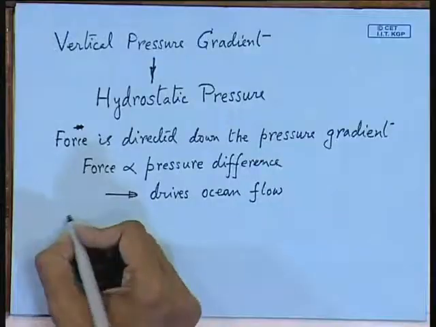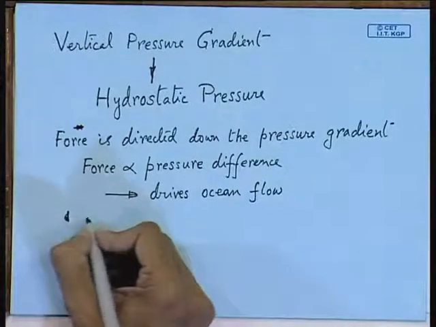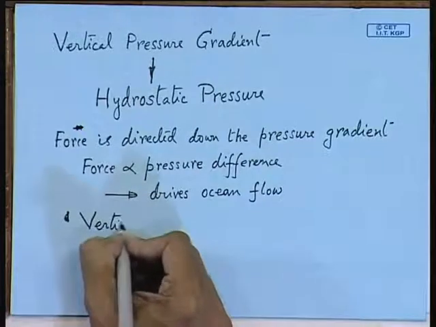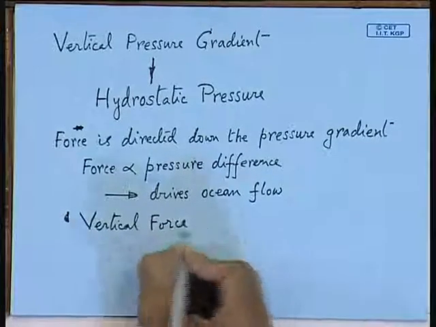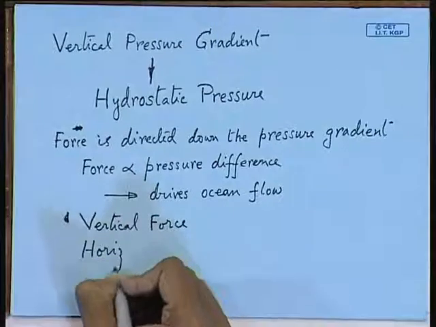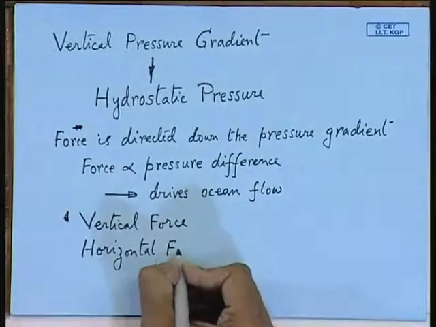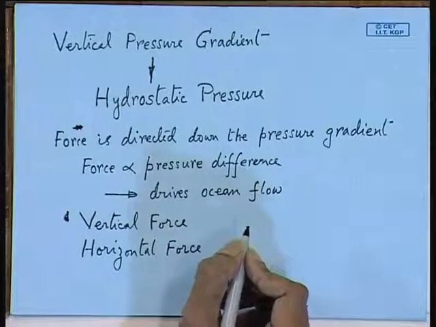Now, there are two types of flows that you will find. One is the vertical flow or vertical force, another is a horizontal force. So, from the pressure we will get these two types of forces. One is the vertical force and the other is the horizontal force.